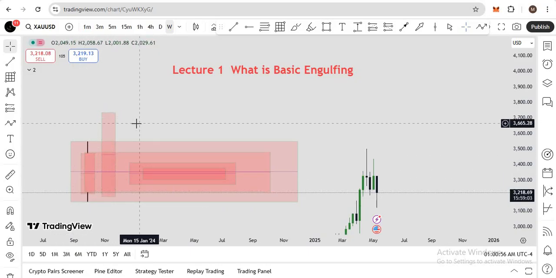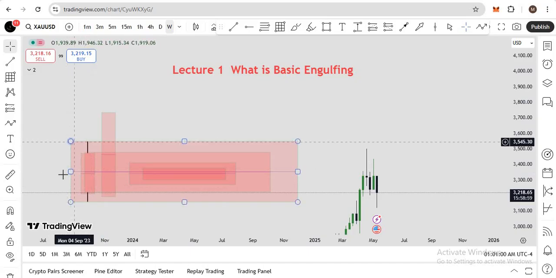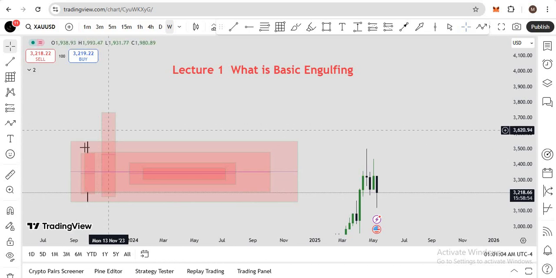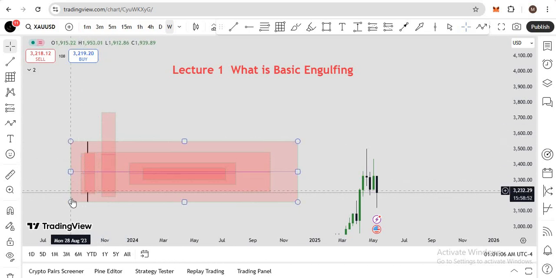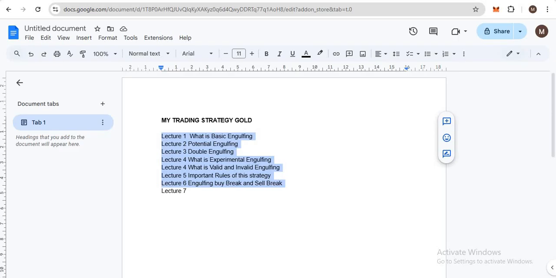Then you have this order block from bottom to top, not the second candle, only the first candle, from the top wick to the last wick. The inside scenario I will explain in the coming videos.